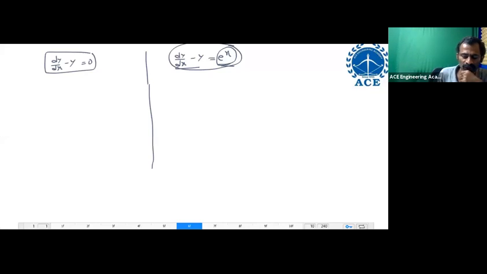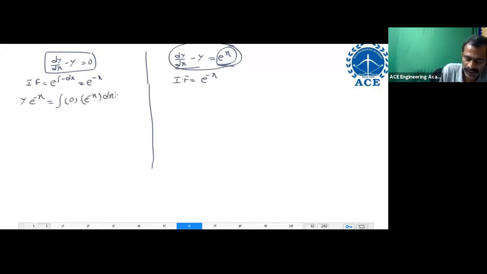Already we know the method of finding the solution of a linear equation. First, we require the integrating factor e power integral of minus 1 dx, that is e power minus x. For both equations the integrating factor is the same, e power minus x. To write the general solution, y into the integrating factor e power minus x equals the integral of the non-homogeneous part q of x into the integrating factor e power minus x dx plus c.